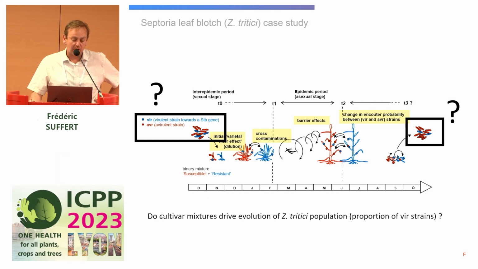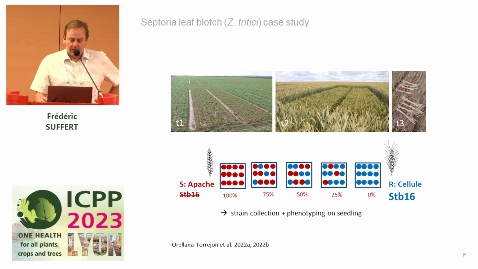The main question is, do cultivar mixtures drive an evolution of the population, I mean the proportion of virulent strains? A PhD student, who defended a year ago, did great work in the field, comparing different proportions of cultivars in mixtures, compared to pure stands.